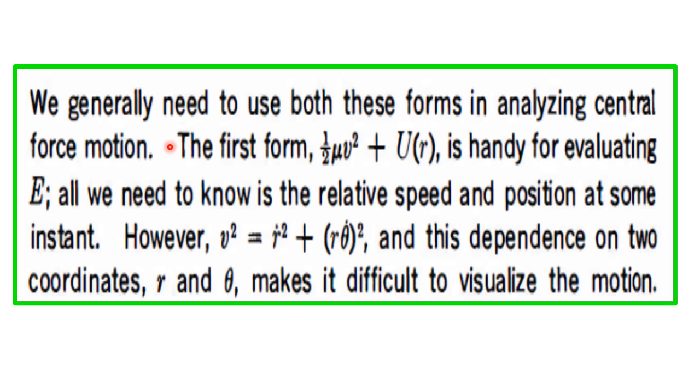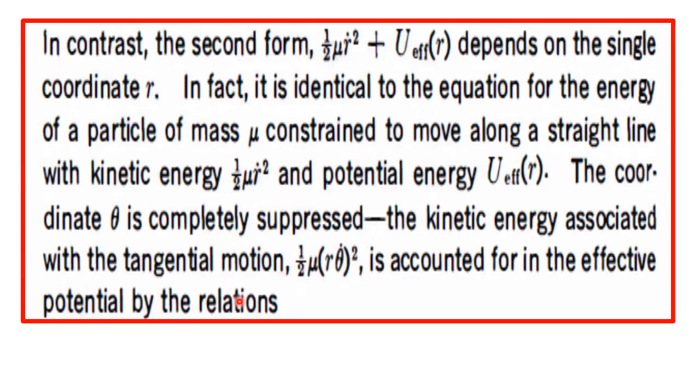So there are two forms, where one is I use mu and R, and the other one is R1 dash and R2 dash with respect to the center of mass. The one form, which is half mu V square plus U, is handy for evaluating energy. All we need to know is the relative speed and position at some instant. You know, velocity square is R dot square plus R theta dot the whole square, and this depends on the two coordinates R and theta of the motion.